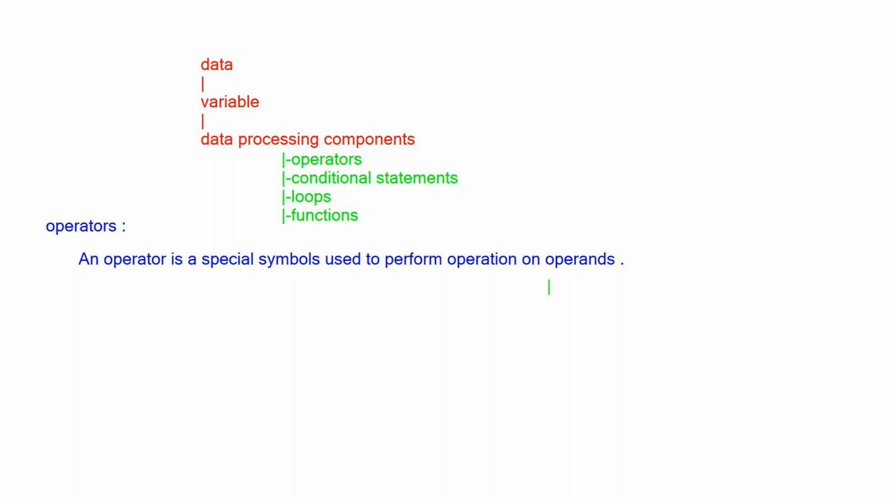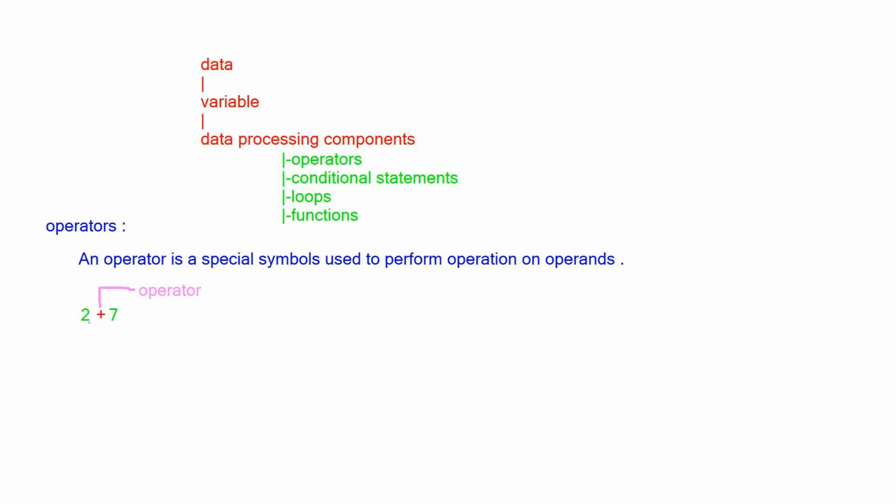So what are the operands here? Between them, I'm using a special symbol called plus. So 2 plus 7. Here plus is called an operator. It will be used to perform operation on operands.